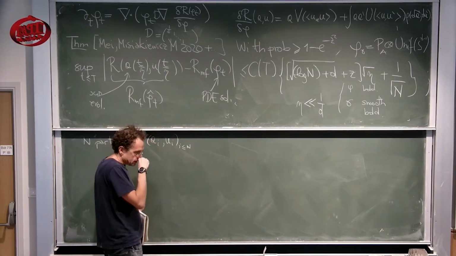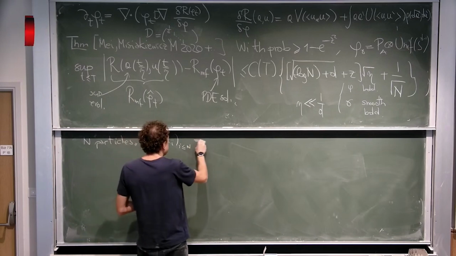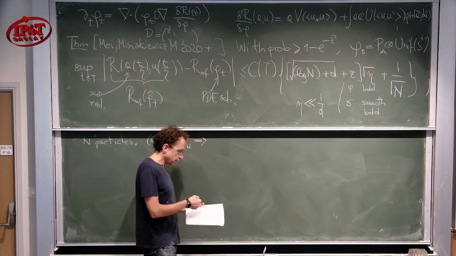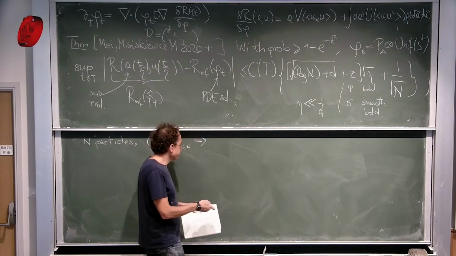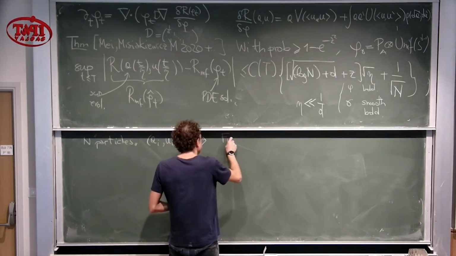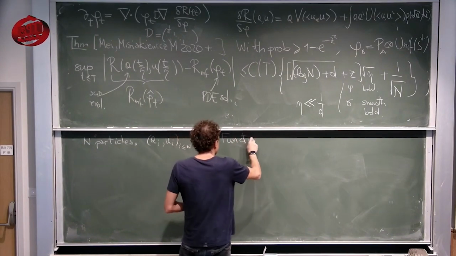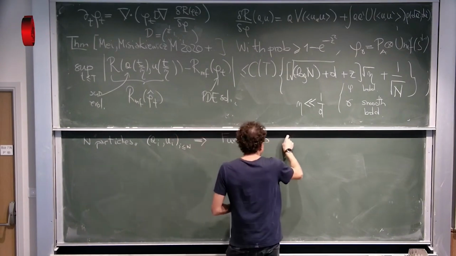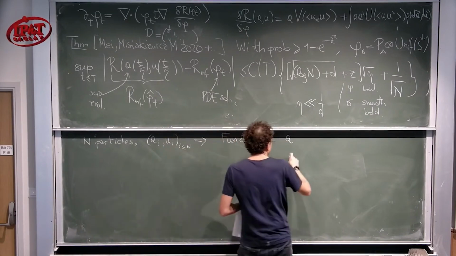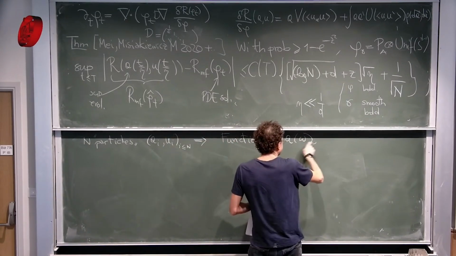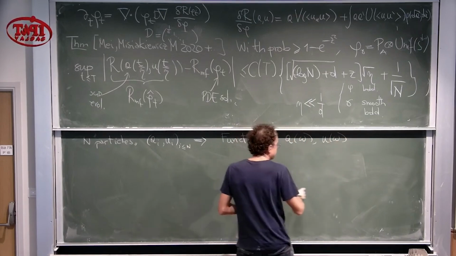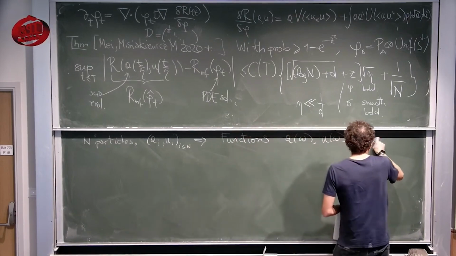One way to take the n to infinity limit is to replace this by particles with a continuous index. So I will have functions a(omega) and u(omega), which depend also on time, where omega is in [0,1].